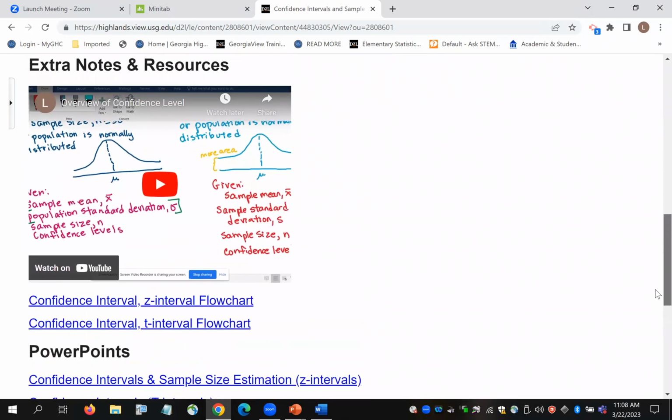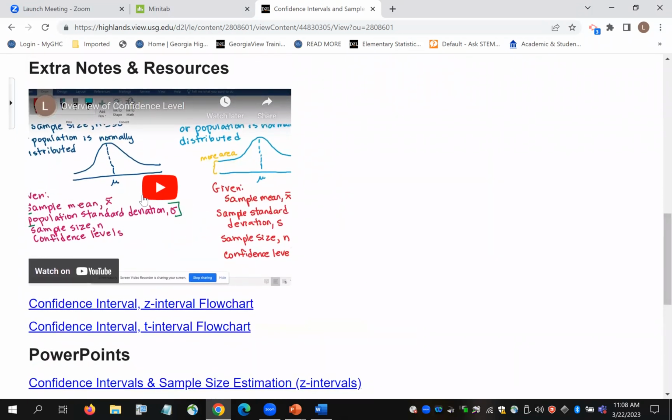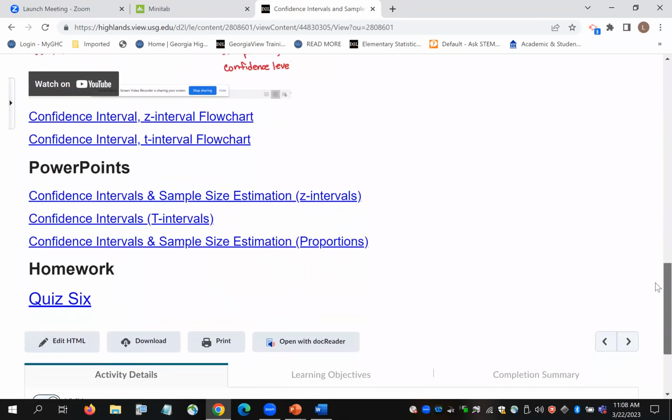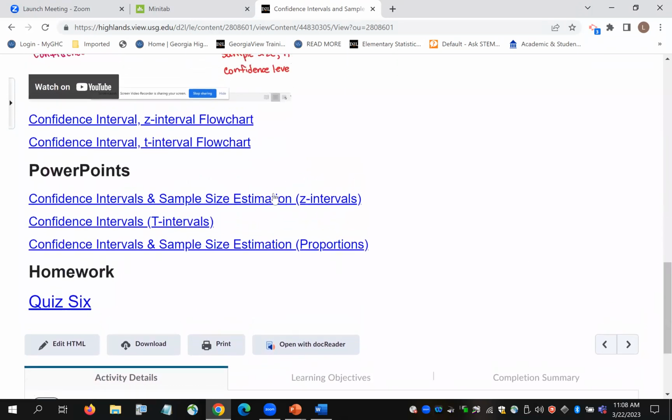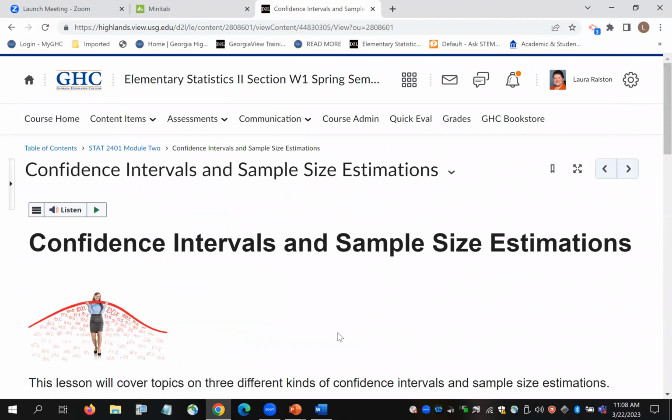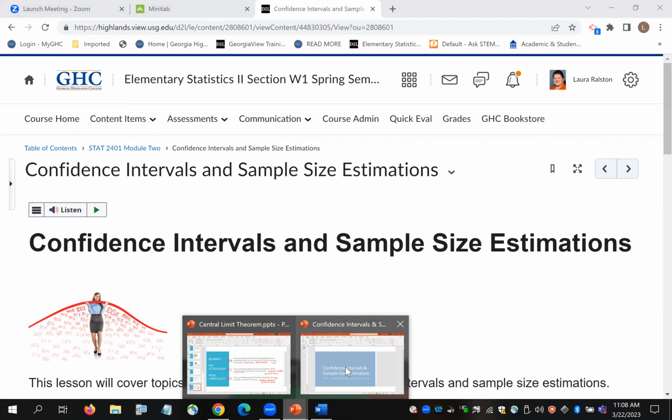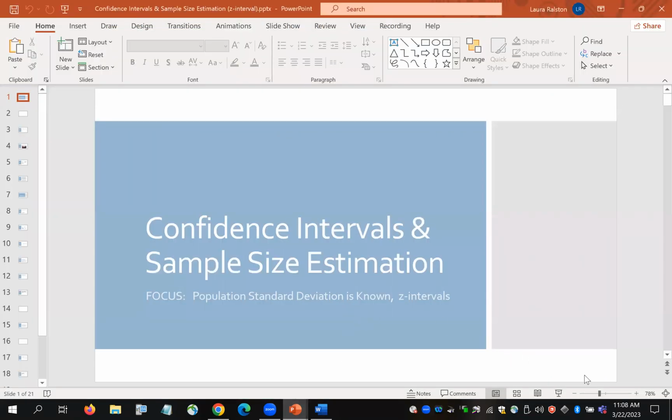There is a video about the overview of confidence intervals, but I'm going to try to walk through some of that today before we actually jump into the problems. So I'm going to go over to the PowerPoint for confidence intervals and sample size estimation.